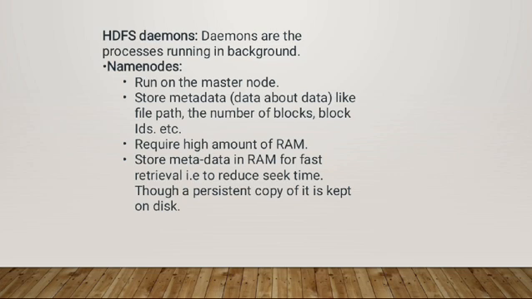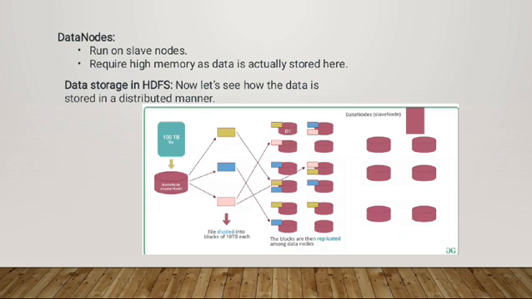Metadata is stored in RAM for fast retrieval. To reduce seek time, a persistent copy of it is kept on disk. Data nodes run on slave nodes and require high memory as data is actually stored here.